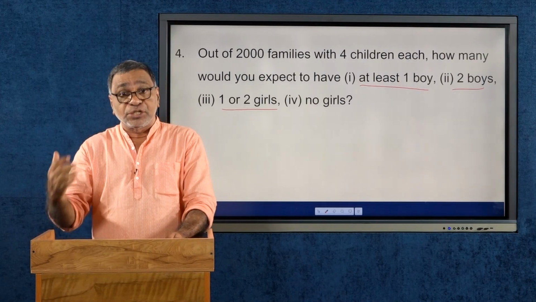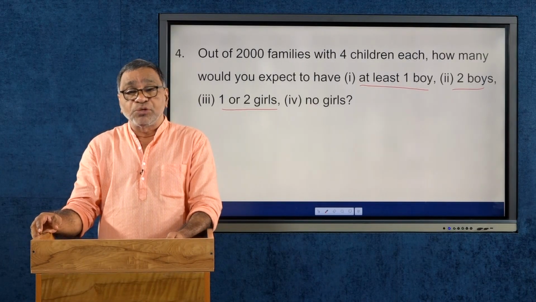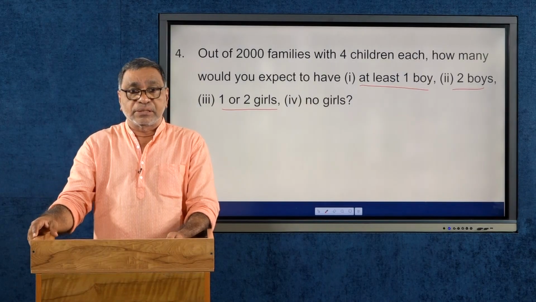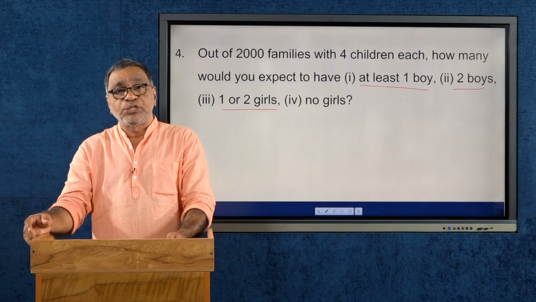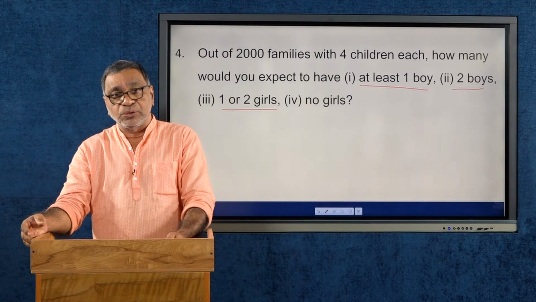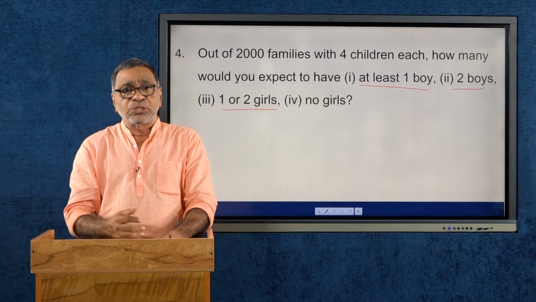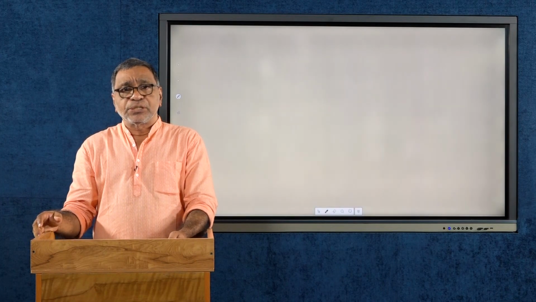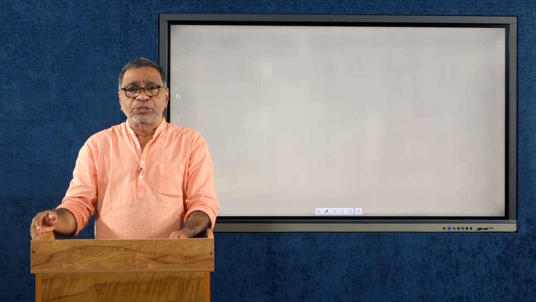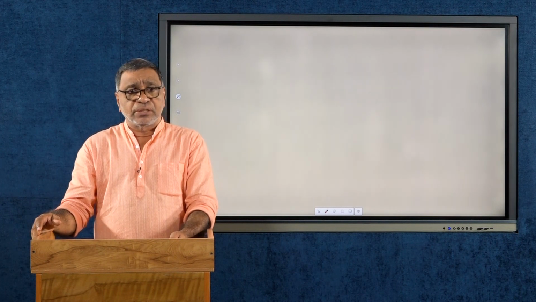If we want to find expected frequencies in such a situation, this is the way we calculate the values. With this, let me wind up this session. More problems related to Poisson and other distributions we will discuss in the next session.